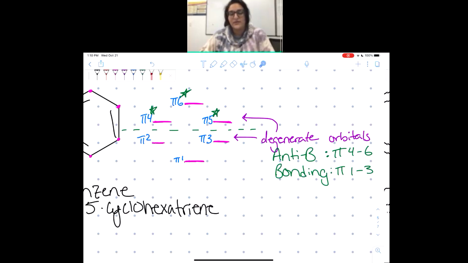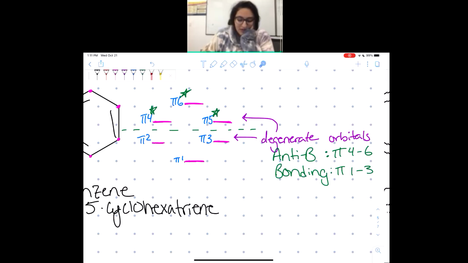So pi 1, 2, and 3 are at a lower energy level, so they're going to be housing the electrons, and they are going to be what's doing the bonding. And then the anti-bonding orbitals are going to be higher energy, so they're not going to house electrons, and they're just going to be used in reaction mechanisms, but that's too much in detail. I don't want to confuse anyone. Was that a sufficient answer, you think?